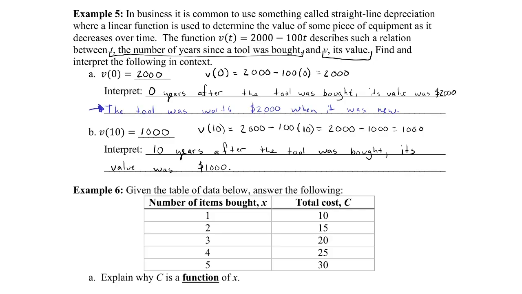So notice, function notation is telling us what input to plug in. And then what the symbols in the equation mean is telling us what those numbers mean. Let's see an example where instead of having an equation, we're given our function as a table.